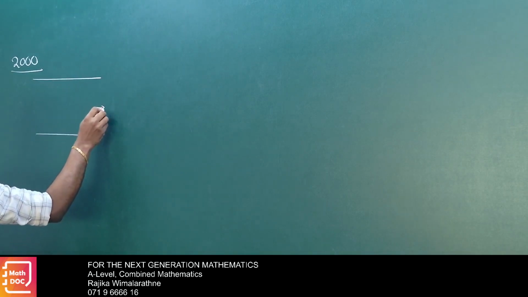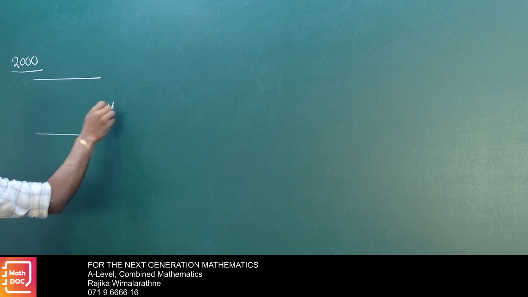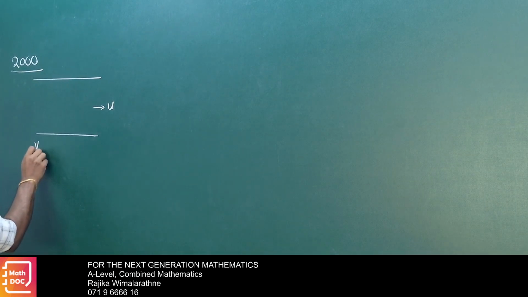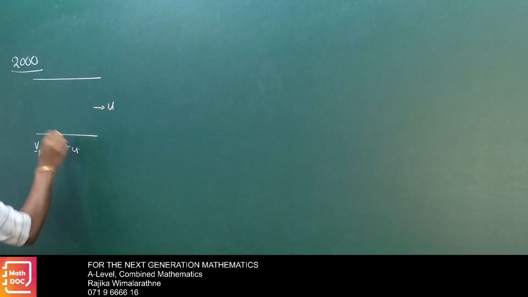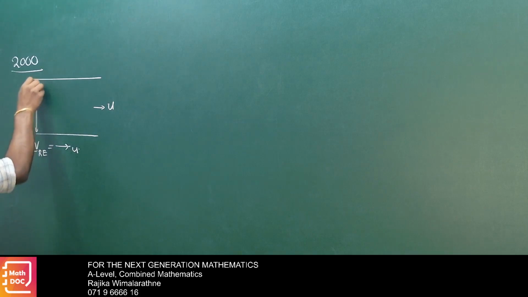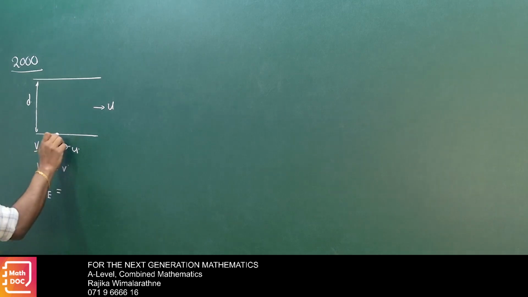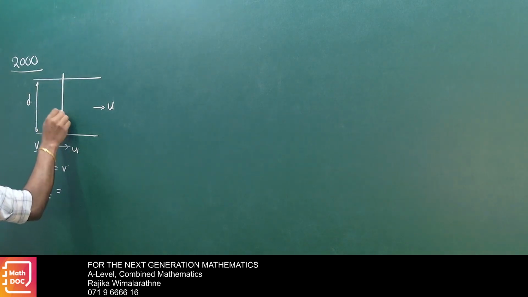Here the river flows with velocity u, so the velocity of river with respect to earth is u, and the breadth is given as d. The velocity of man with respect to river is v. The velocity of man with respect to earth is the resultant, since he wants to move right across the river perpendicular to the bank.